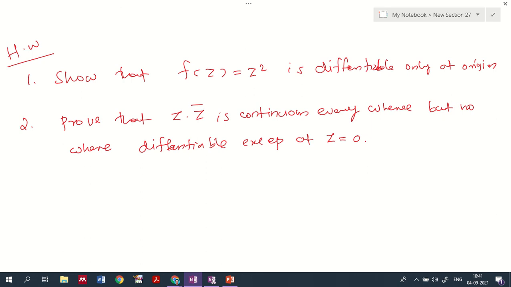Do and understand the different aspects, because as we move further with the Cauchy integral theorem and all, these are very important to understand. So understand whether the limit exists or not, continuity, and the differentiability of any complex variable function. And the remaining portion we'll do in the next class, that is about the Cauchy integral theorem and all. So be ready for the next class by finishing all these.